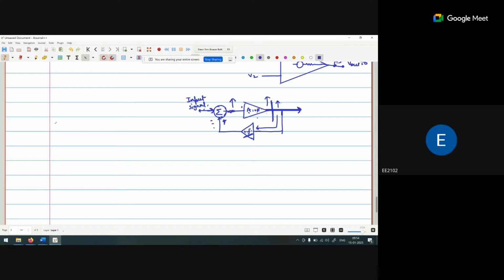So when the applied signal and received signal are in phase, we get positive feedback.